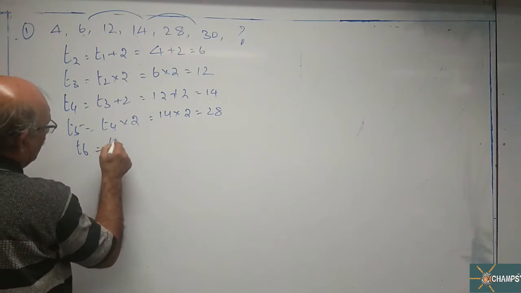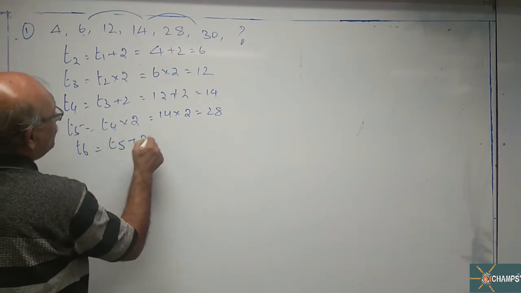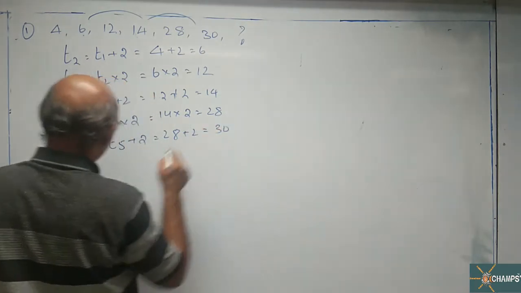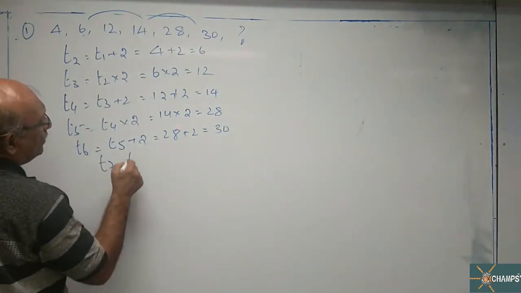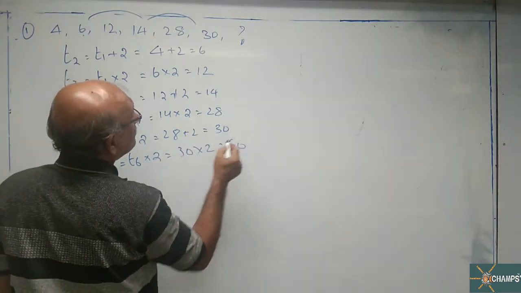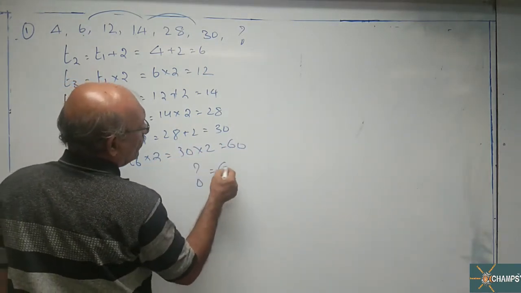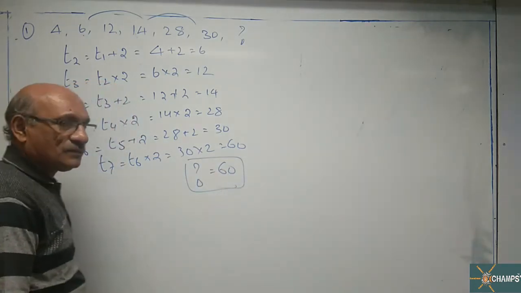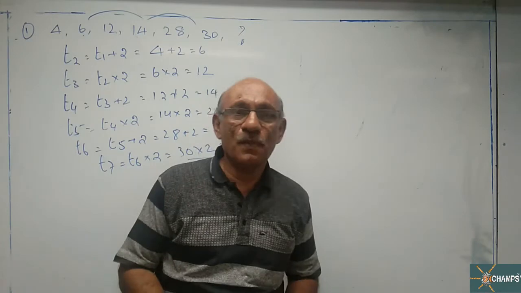T6 is equal to T5 plus 2. 28 plus 2 is equal to 30. T7 is equal to T6 into 2. 30 into 2, 60. Therefore the missing figure is equal to 60. Okay.